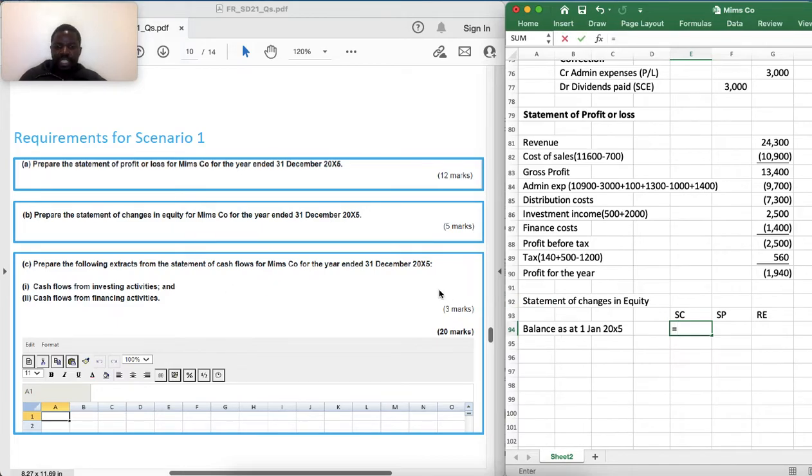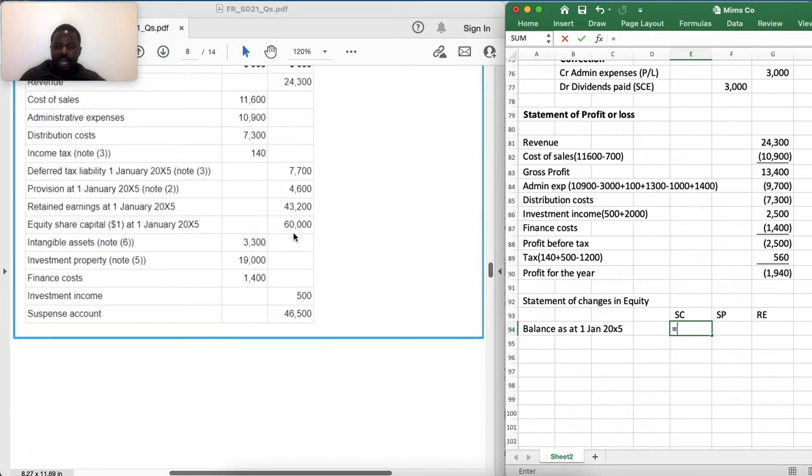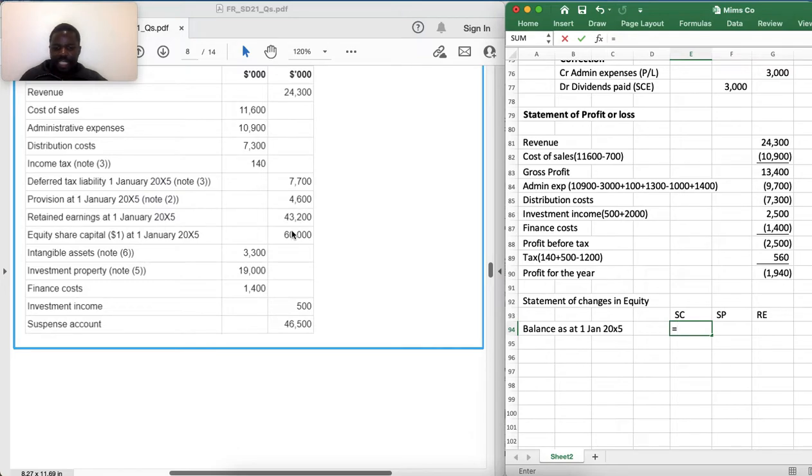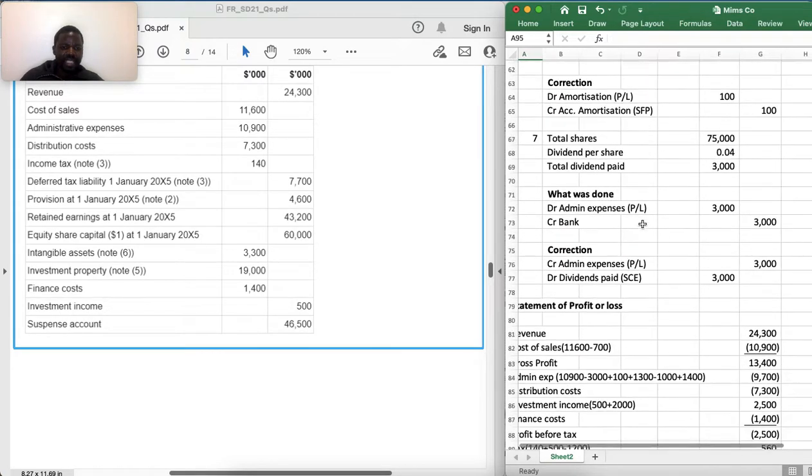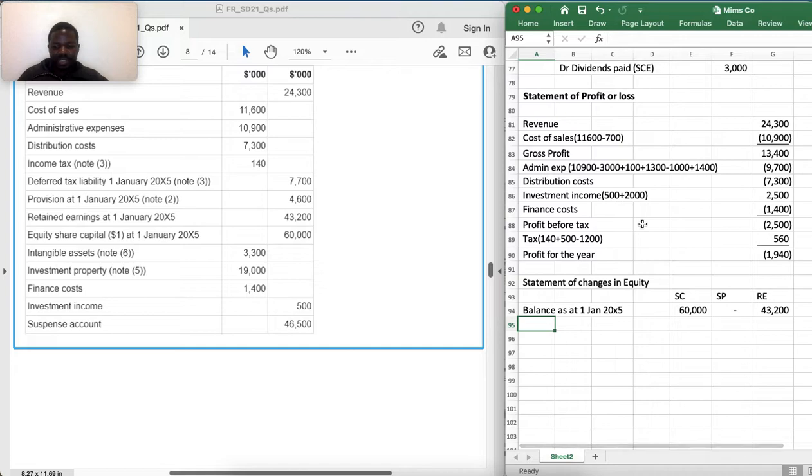The share capital we are given in the trial balance here is 60,000. There was no share premium. The retained earnings given is 43,200. But we had a prior period adjustment here that we needed to correct. We said we debit the opening retained earnings by 700. So we say prior period adjustment, we will less 700 there.